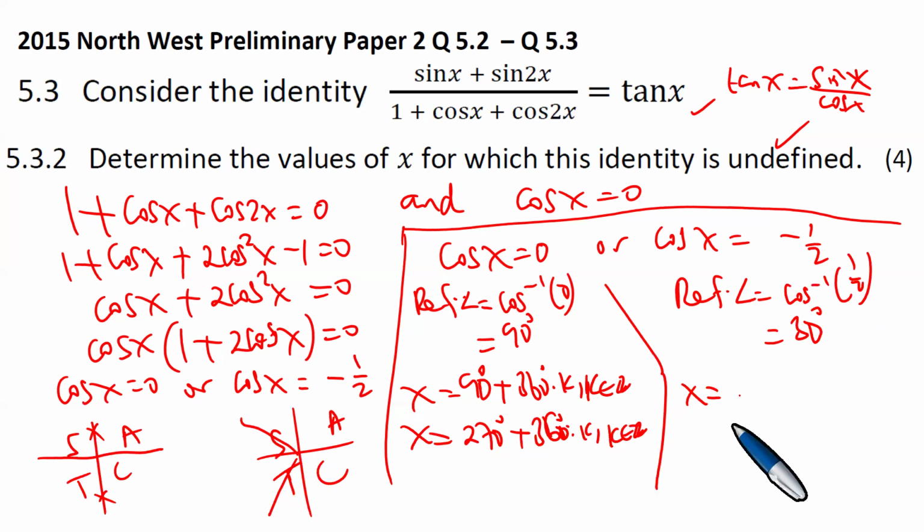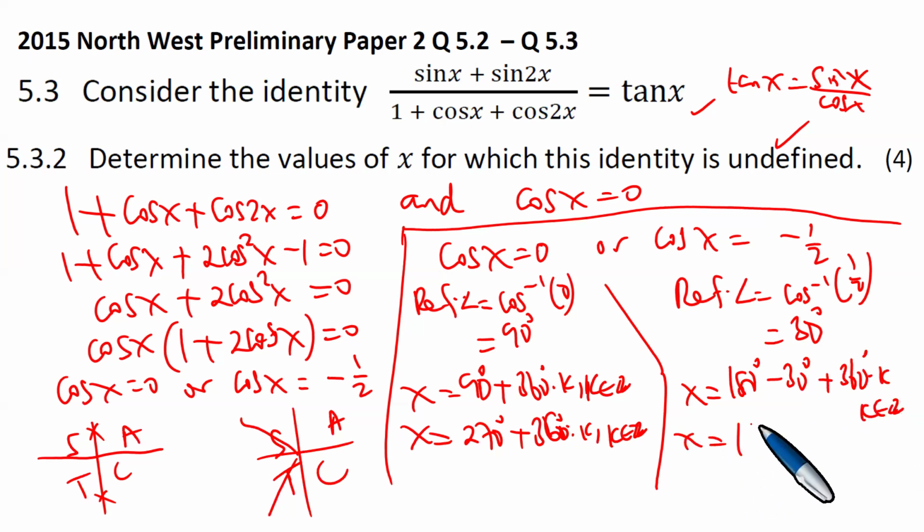So in the second quadrant you'd have 180 degrees minus 30 plus 360 degrees times k, k in Z, which is 150 degrees plus 360 degrees times k, k in Z.